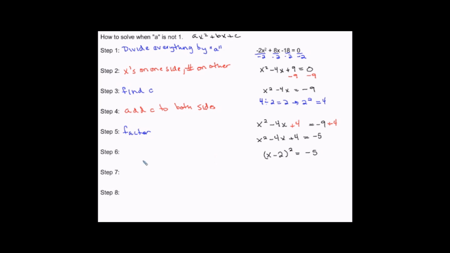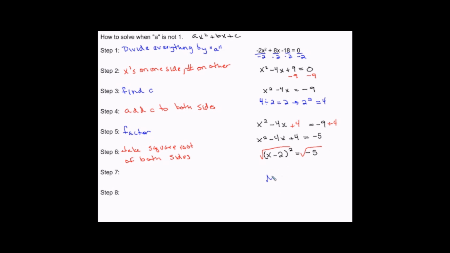And I'm going to take the square root of both sides. And here's where I say I did my typo. I wasn't supposed to get a negative answer here. I can't have a negative square root.